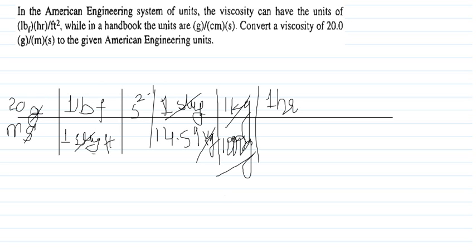To cancel this second, we write second in the lower corner, because across this horizontal line we have division. We know that 1 hour has 3600 seconds. So second and second are cancelled, and what remains is hour.